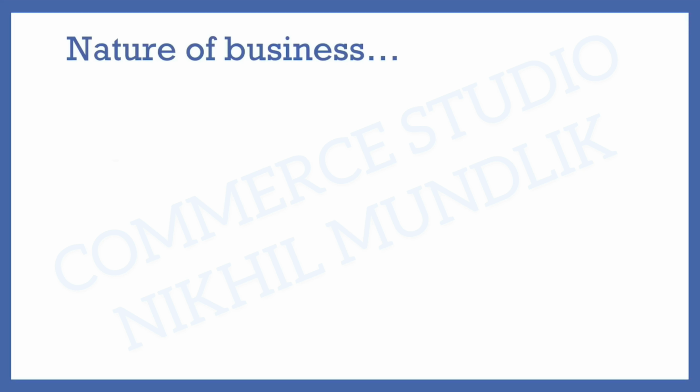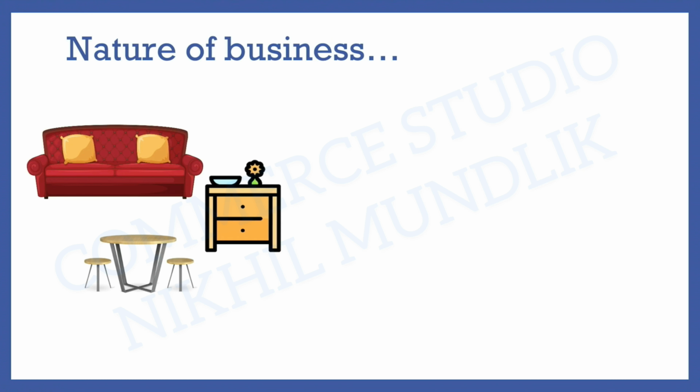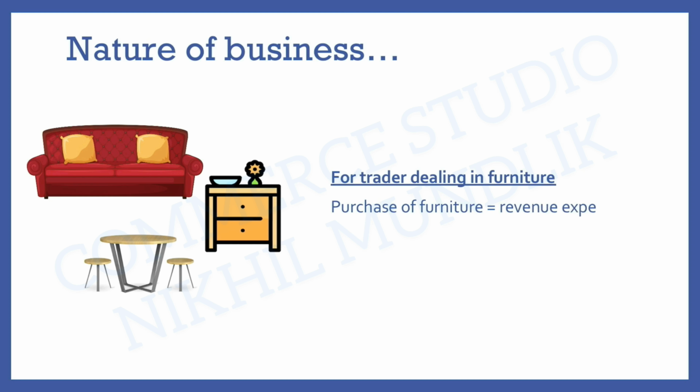To decide whether expenditure or revenue is capital in nature or revenue in nature, we need to see what the business is about. For example, if it is a furniture business, then for them purchase of furniture will be a revenue expenditure because it is their day-to-day activity of buying and selling furniture, meaning it is their main activity of business.